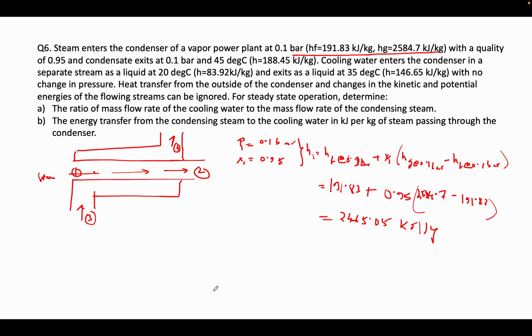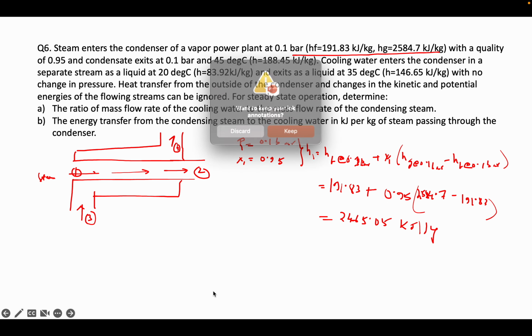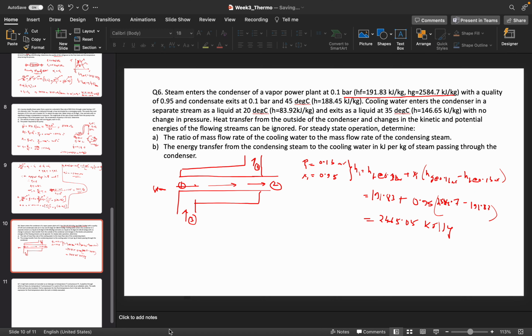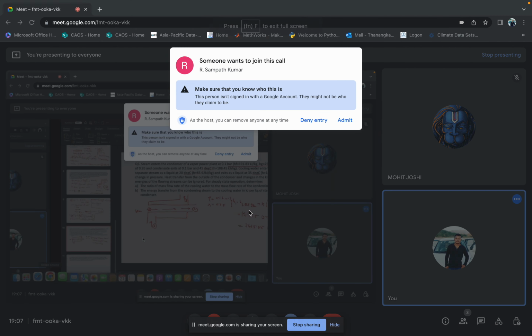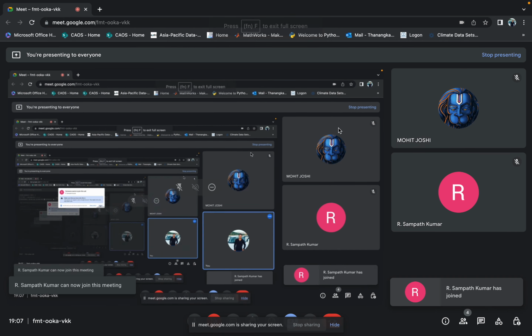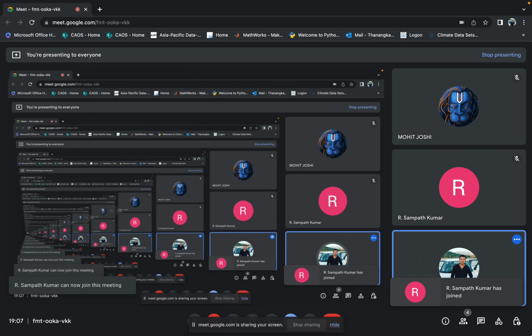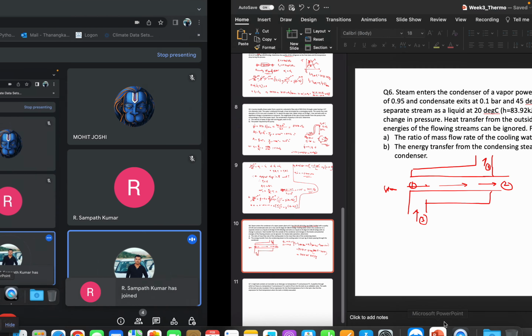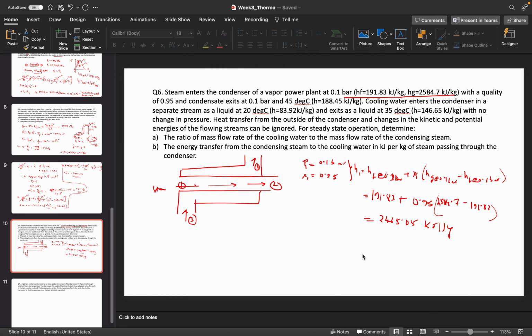Okay, someone is trying to enter, let me put him in. So that is 2465 kilojoule per kg, that is my H1.